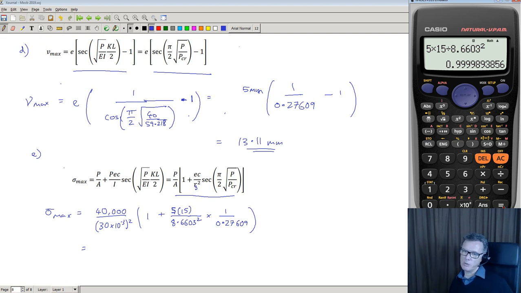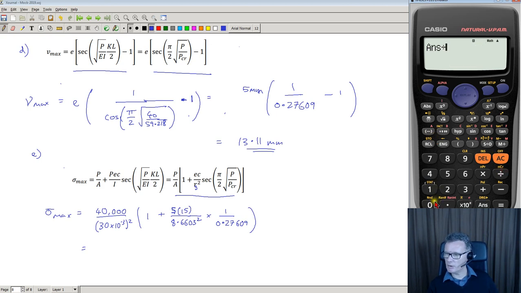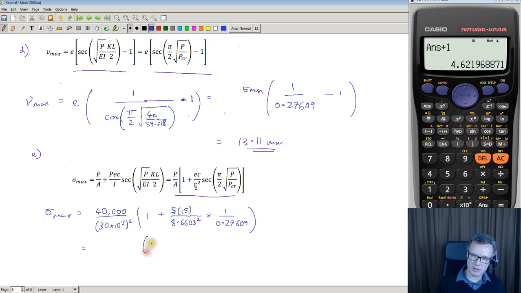So we get pretty much 1 there. Divide that by 0.27609. Get the 3.6 before, plus 1. So you've got a scaling factor on your stress of 4.62196.